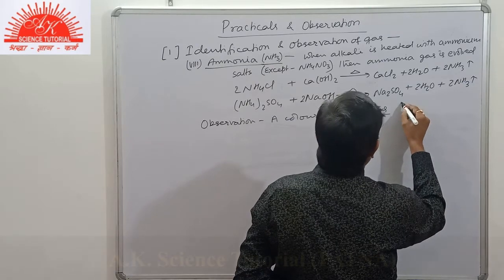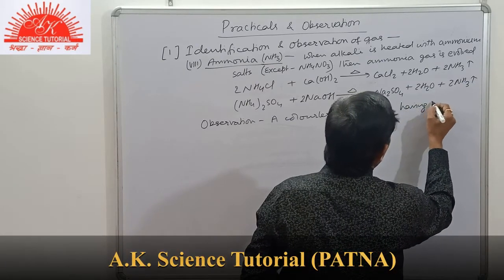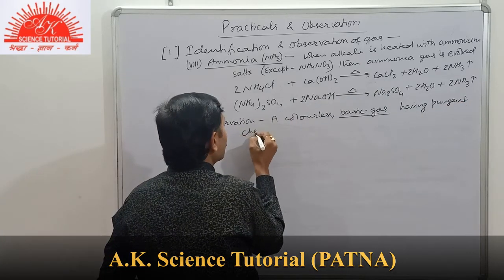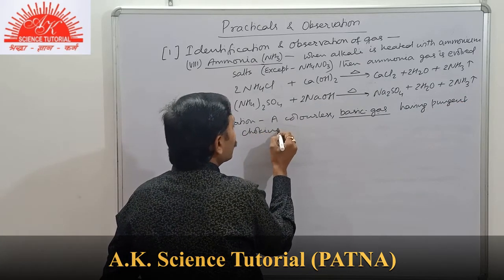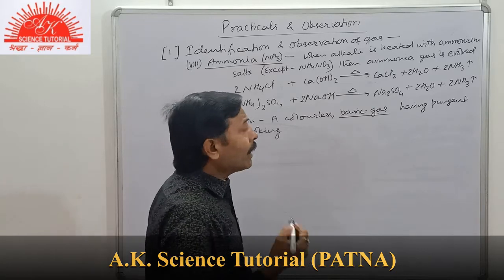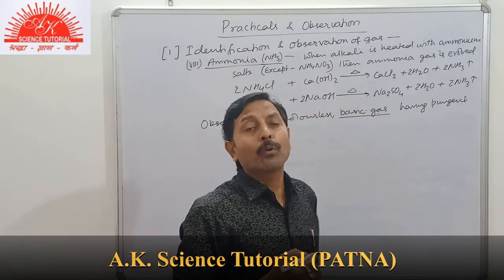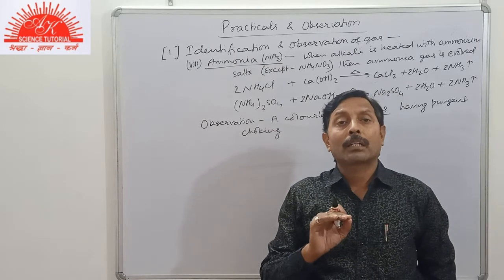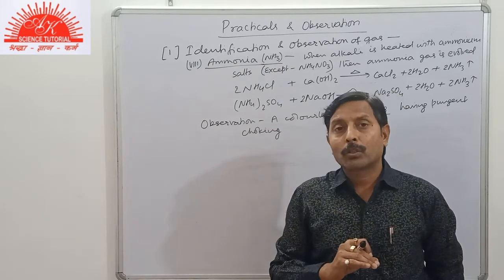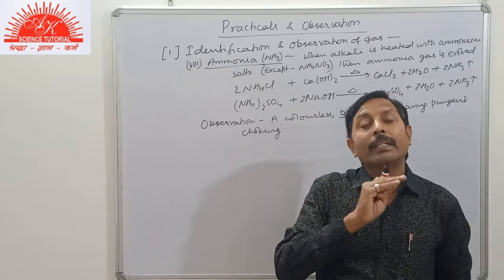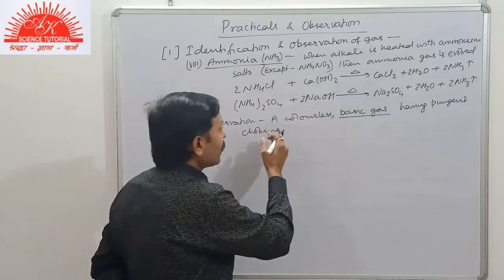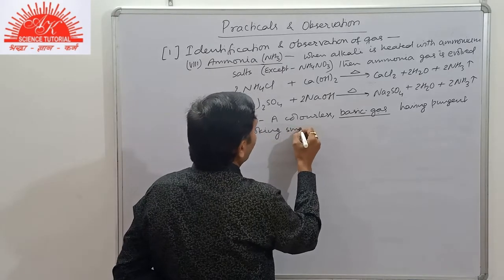Basic gas having a pungent choking smell. Now, the pungent choking smell can be identified as the smell produced in urinals. In urinals, ammonia gas is produced by bacterial action on urea present in the urine. So that is the pungent choking smell.